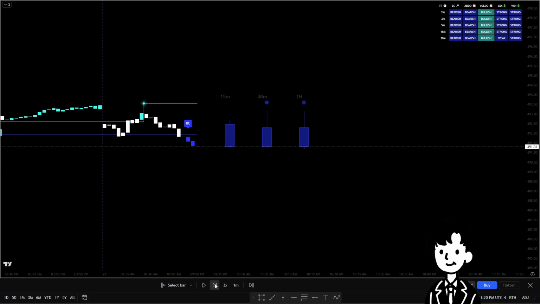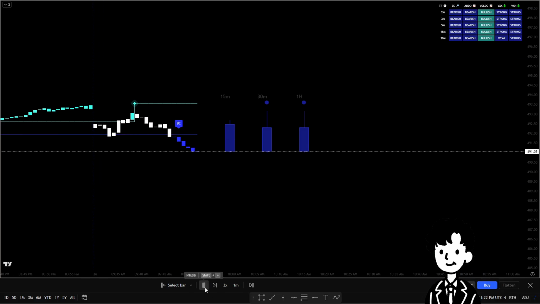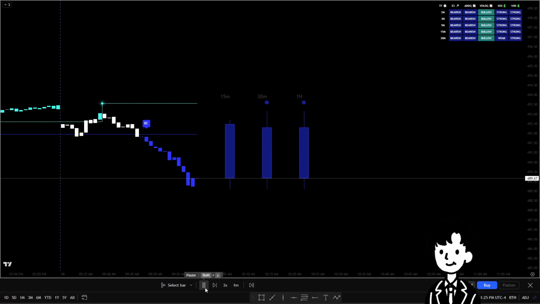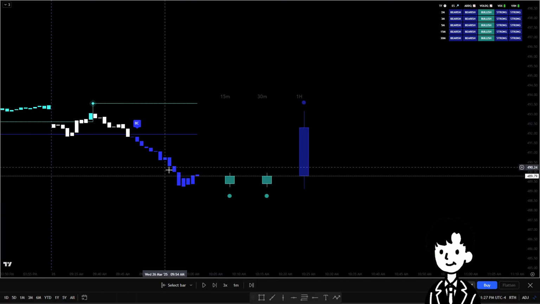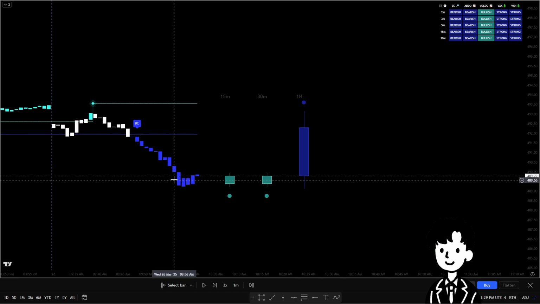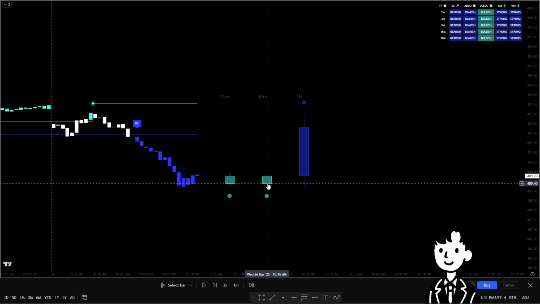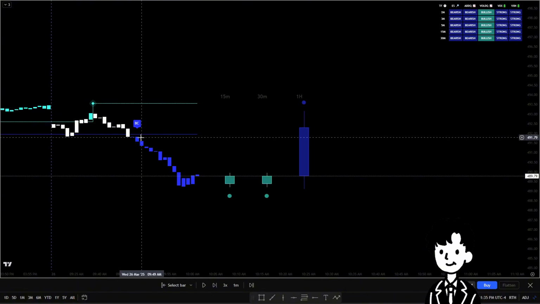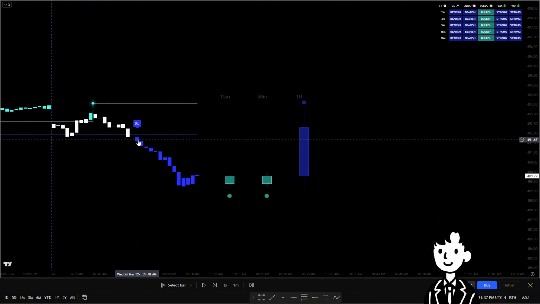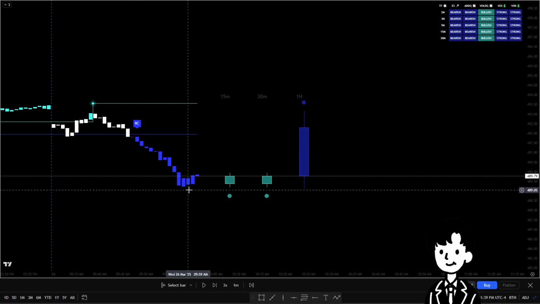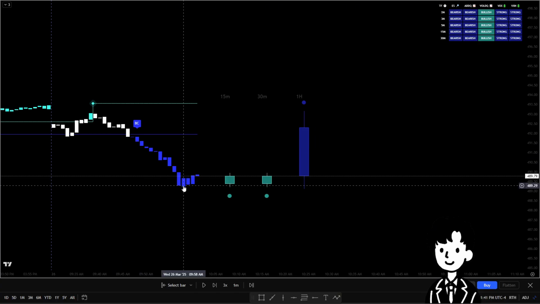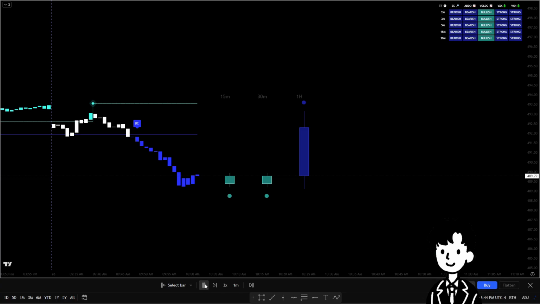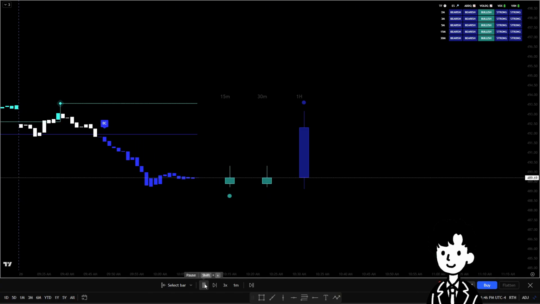So it's just ripping downwards. Then the 15 and 30 minute are showing that it has reached the bottom. You could have exited here to make profit. This was 491 to 489, 488. Almost a $3 move. Really smooth stuff.